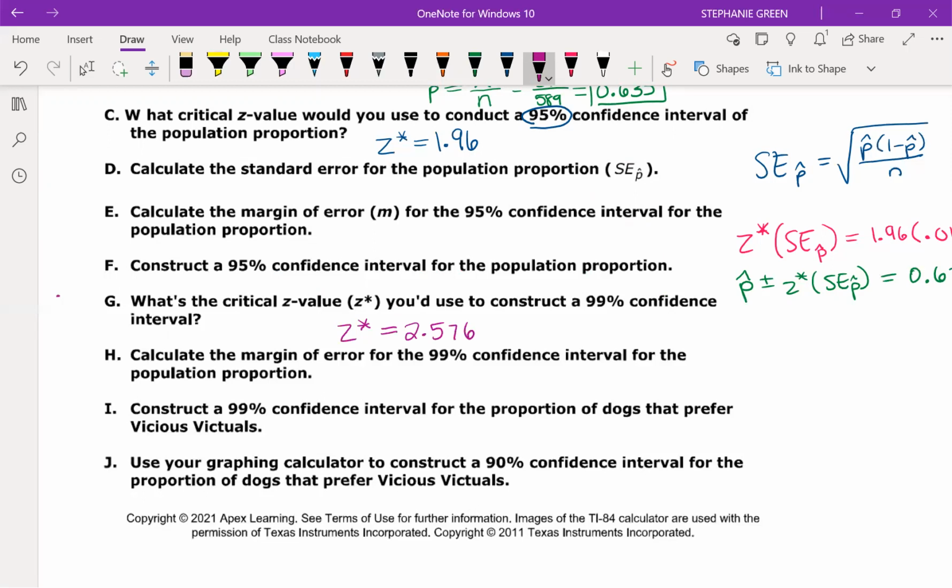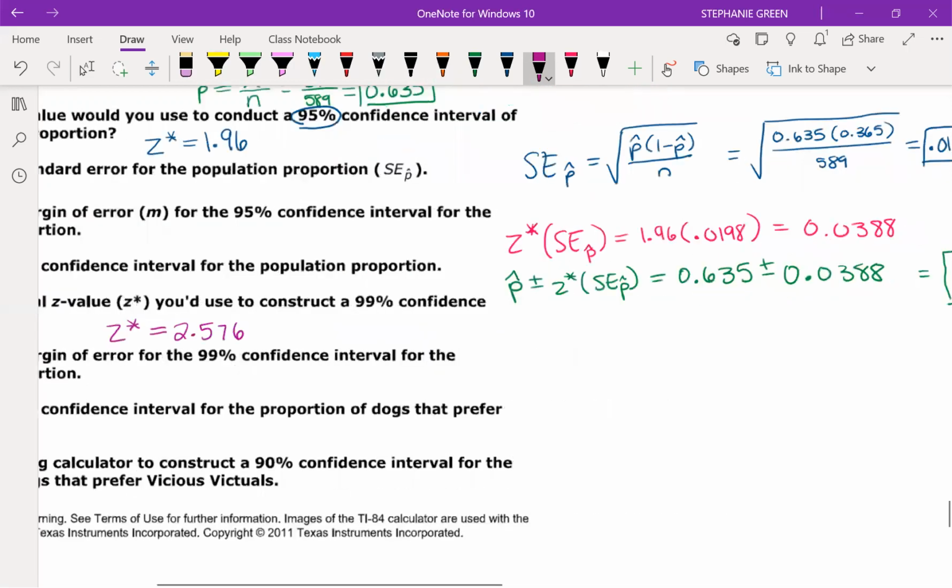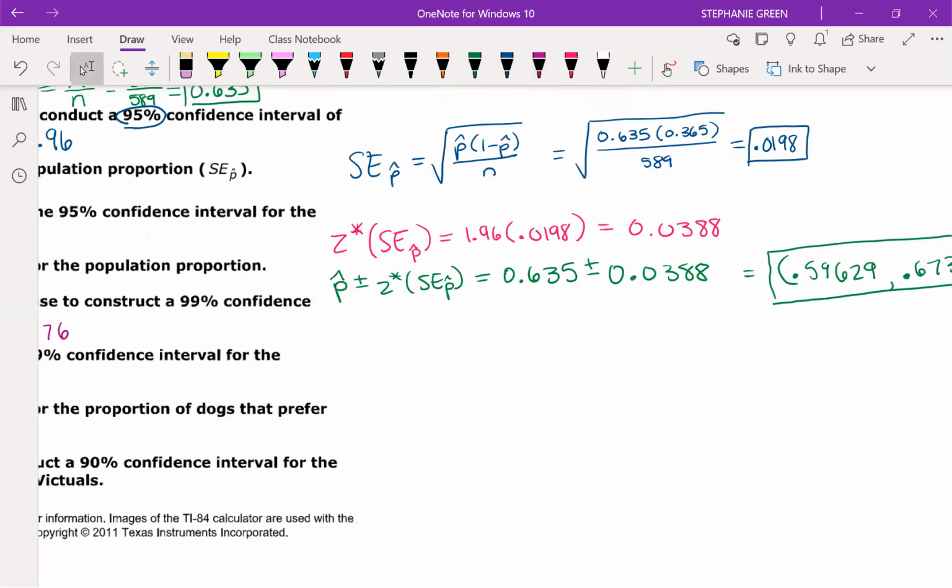A lot of times you'll see in AP Stats, they like to round that to 2.58, which is fine. Okay, now it says calculate the margin of error for the 99% confidence interval. Basically the same thing I did above here in pink, but now my z star is a different number. It's still z star times SE sub p hat. That's my margin of error.